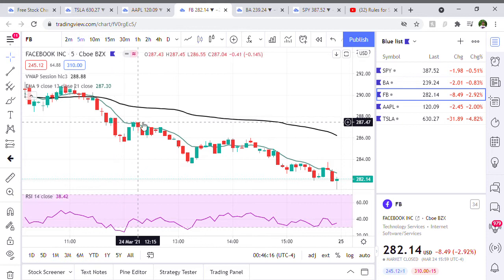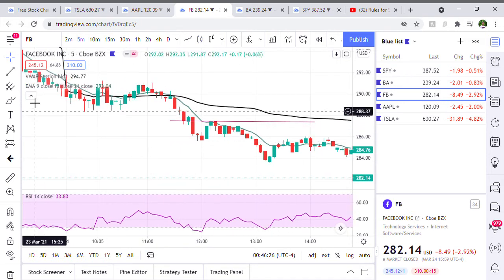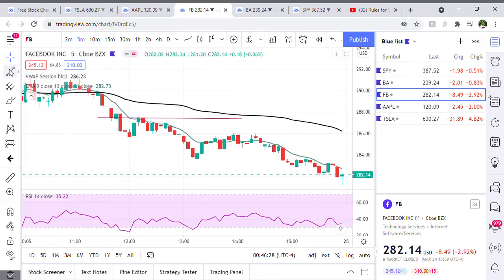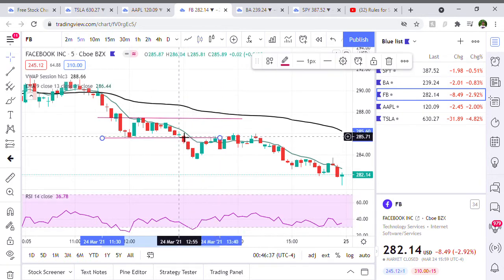Okay, let me draw that line. It remained within this range from 12 noon till 1 p.m. Now here at 1 p.m.